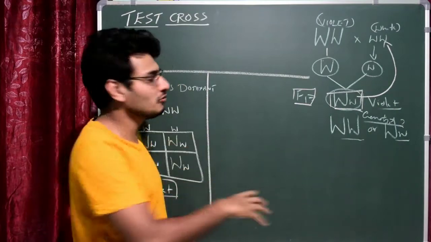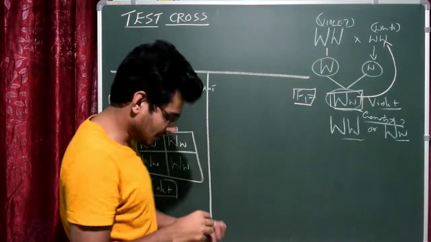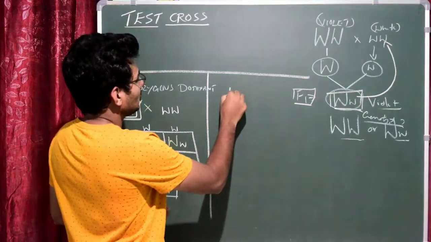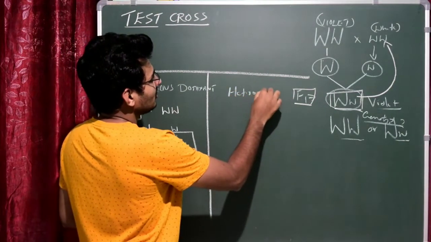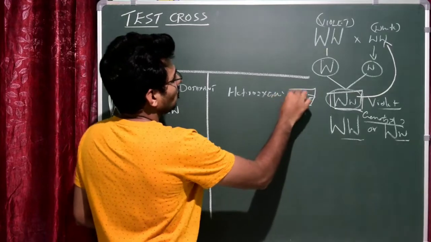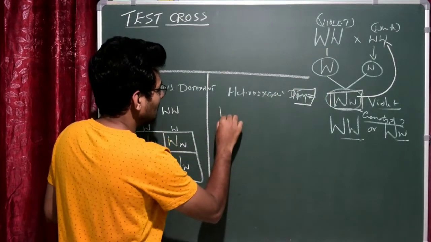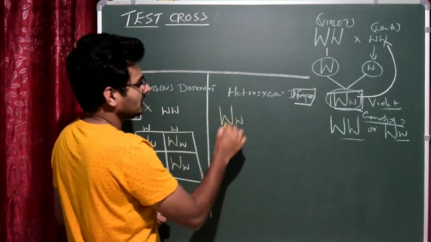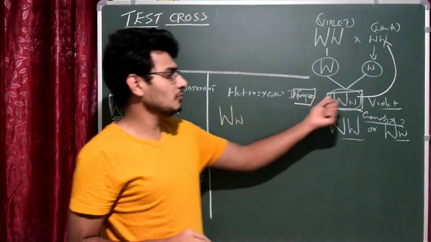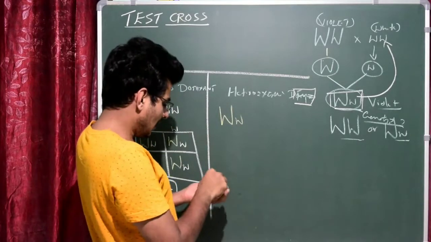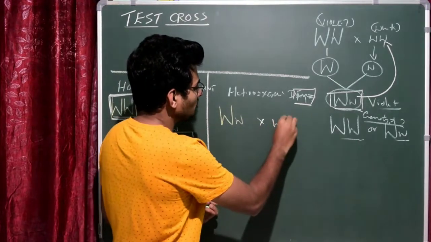Now let us take another possibility. Here I am going to write heterozygous dominant, so I take capital W and small w. This is the heterozygous genotype for violet color, because W is there and it is dominant. It is crossed with its recessive parent.